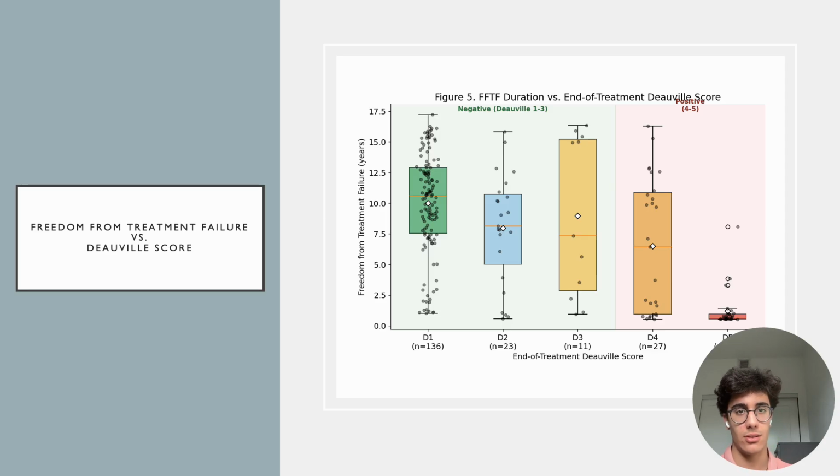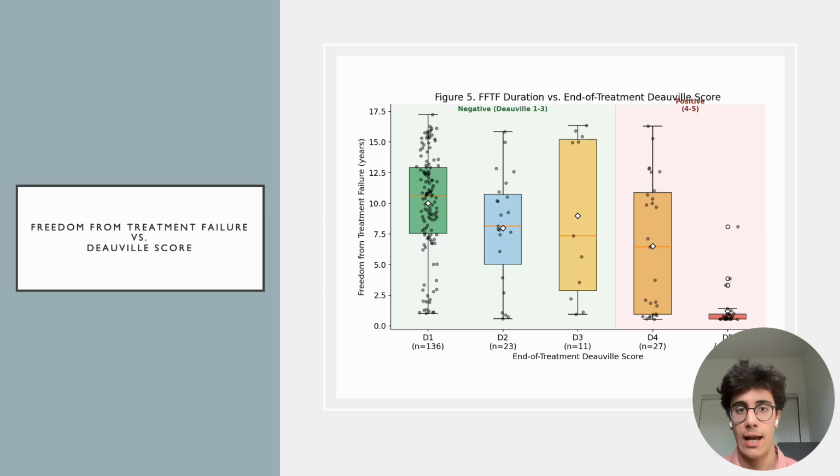And it supports the clinical convention of grouping scores 1 to 3 together as negative responses rather than treating every single point on the 5-point scale as equally distinct. Now, the real clinical action is the score of 3 versus the score of 4 boundary, not evenly spread across all 5 points. And the data actually shows it here.